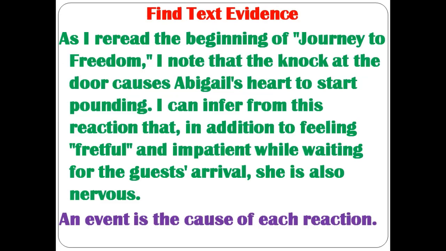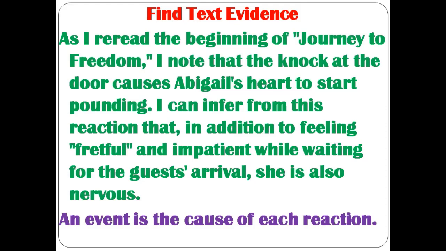Find text evidence. As I reread the beginning of Journey to Freedom, I note that the knocks at the door cause Abby's heart to start pounding. I can infer from this reaction that in addition to feeling fretful and impatient while waiting for the guest's arrival, she is also nervous.